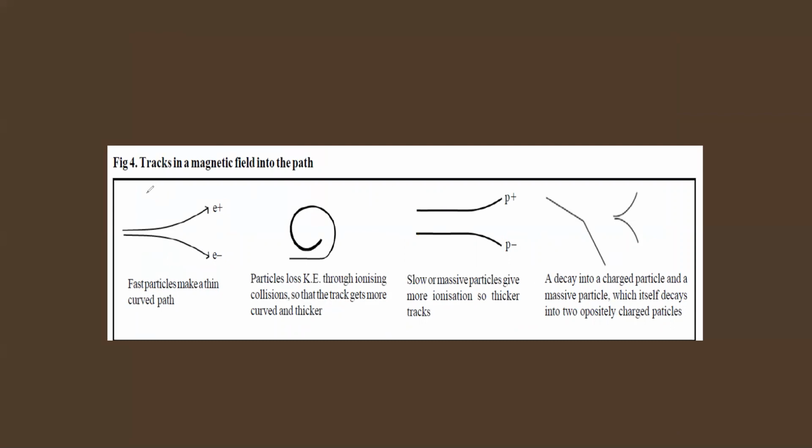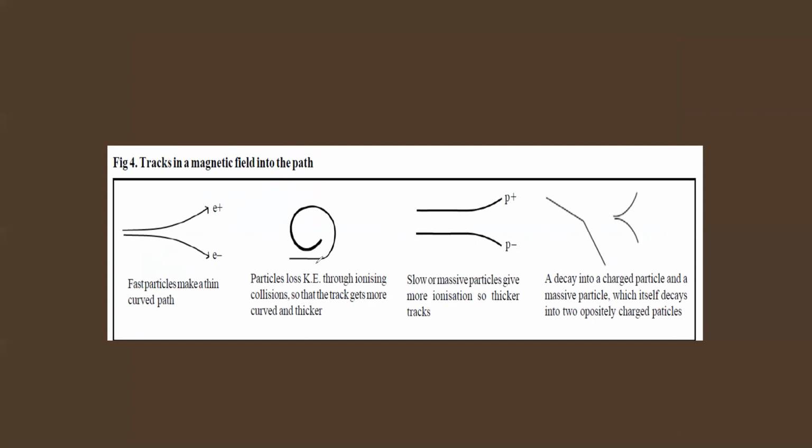For example, if the magnetic field is into the page: the first finger represents the magnetic field, the second represents the direction of the particle, and the thumb is pointing up. So a positive particle will go up, and a negative one will move down. So this will be the track for a fast moving particle. A fast particle makes a thin curved path.